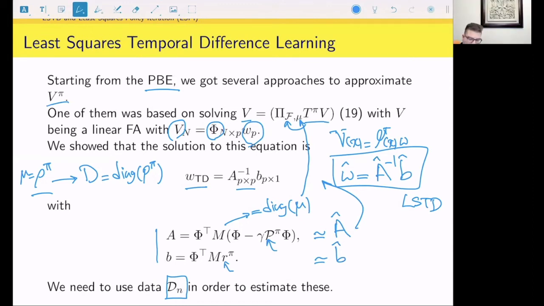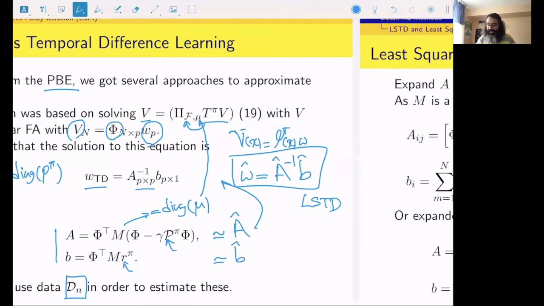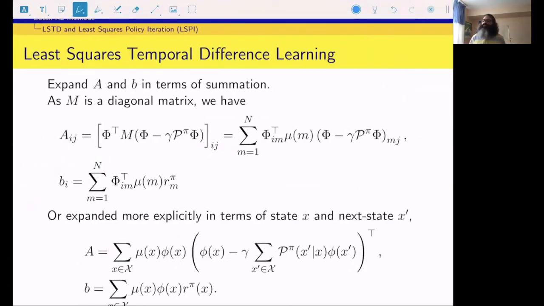Okay, so now the idea is how we can estimate these quantities. This is some linear algebra. If we write A_ij, the ith and jth elements of matrix A, which would be phi transpose M (phi minus gamma P pi phi), and notice that M is a diagonal matrix, because of the diagonal structure, this multiplication gets a nicer, simpler form.